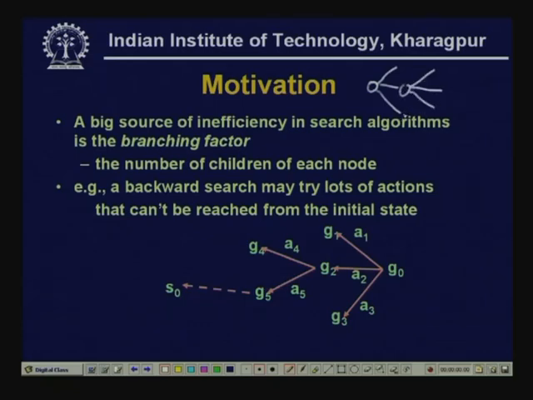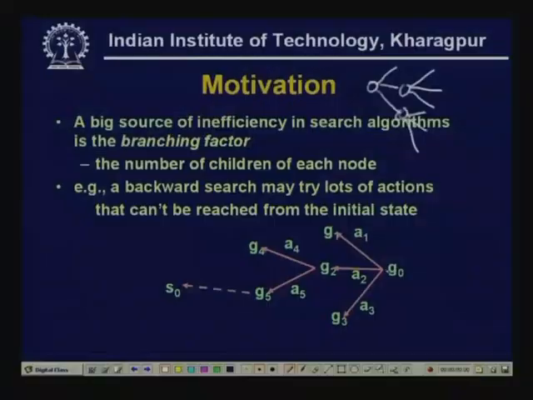If the branching factor was 1 at every node, then the algorithm would be a linear algorithm. But otherwise, if the average branching factor is b and the depth of a search tree is n, you know that b to the power n nodes have to be expanded.